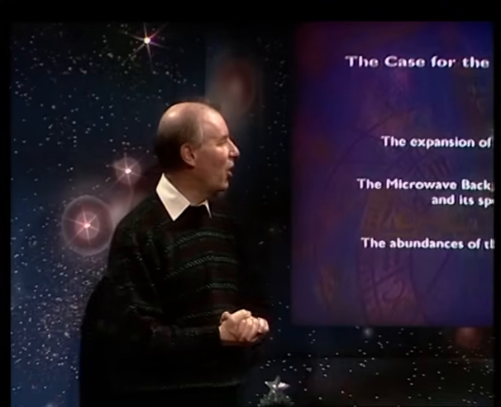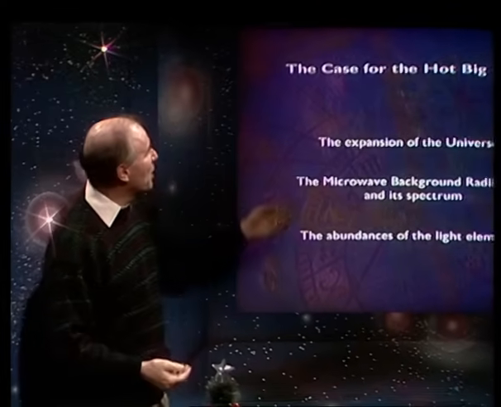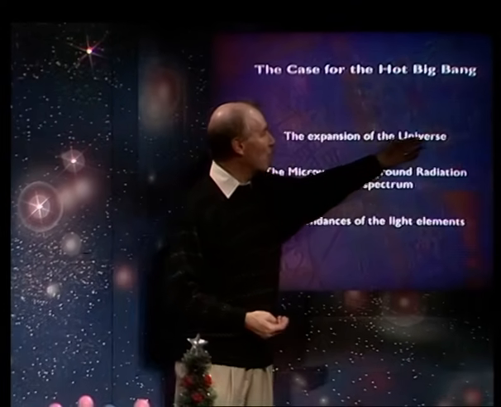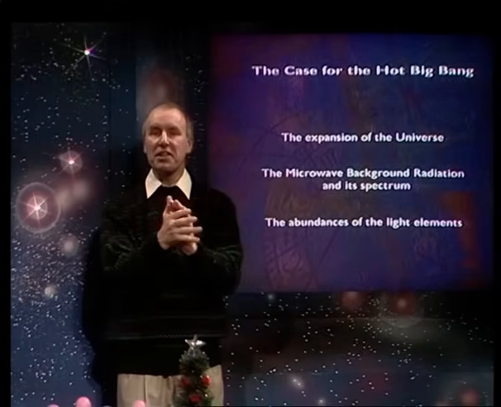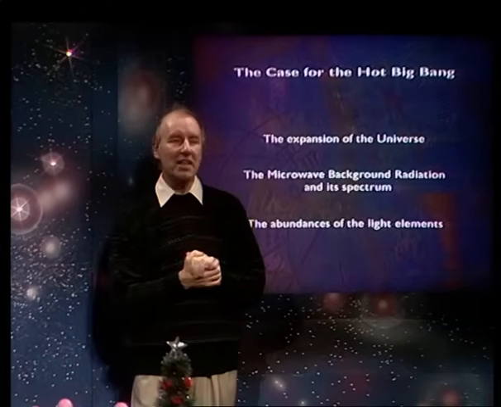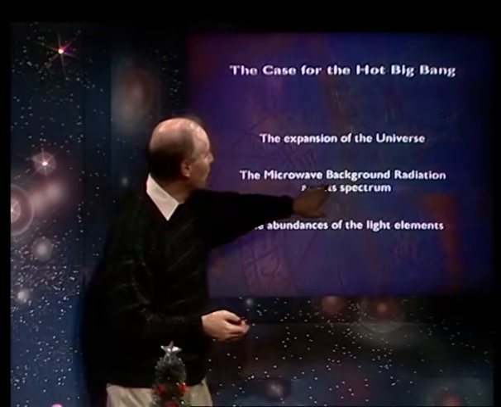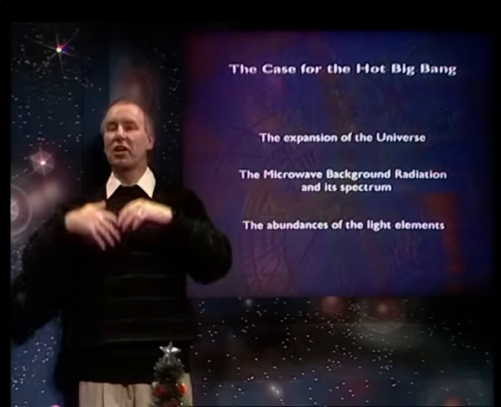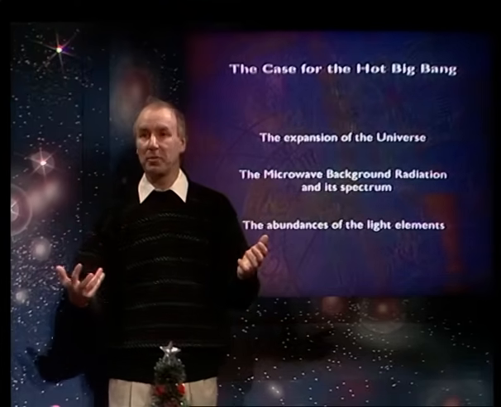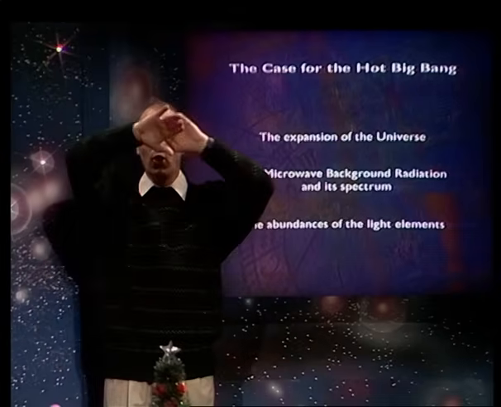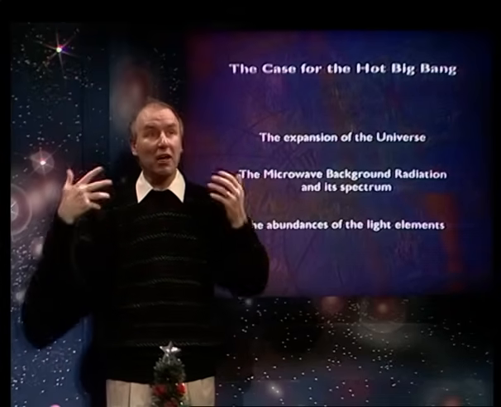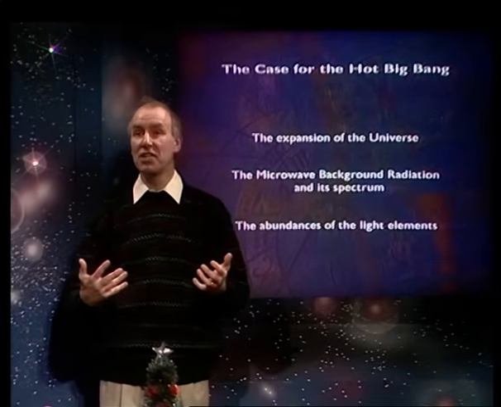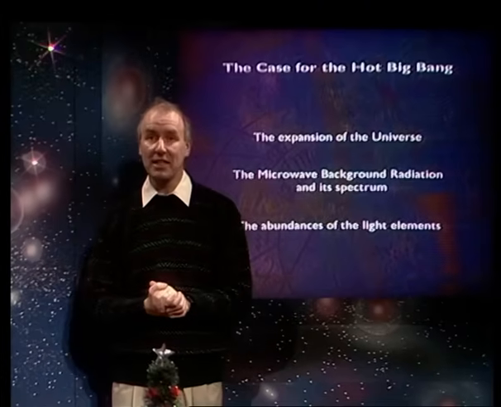Now, this is very important because what it means is that we've now got 3 essentially independent reasons why we favor this hot Big Bang model. You see, we've got, first of all, the expansion of the universe. That suggests the universe started off very compact in the early stages. Secondly, we've got the microwave background radiation, which has got this perfect black body spectrum. It's got that spectrum because the whole of the matter of the universe was in equilibrium in the very hot early stages and has preserved its form since that time.